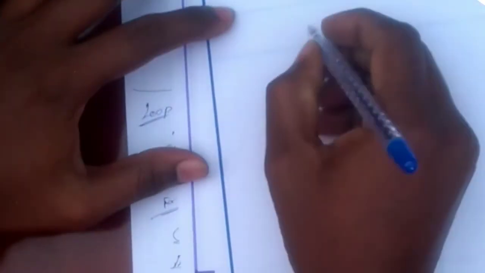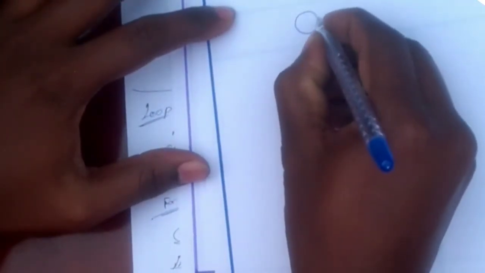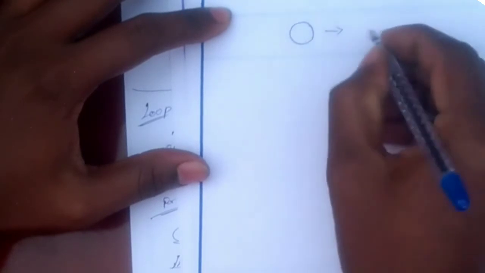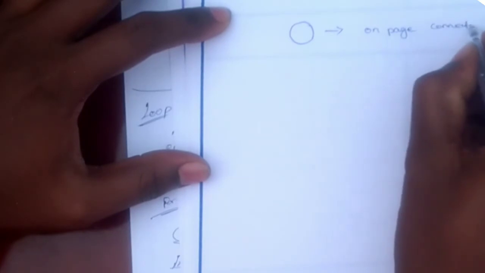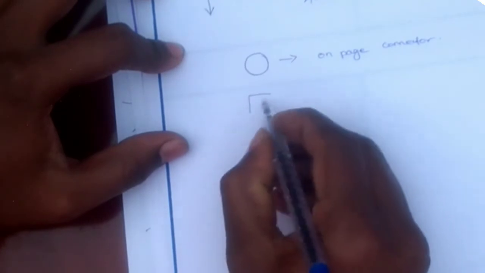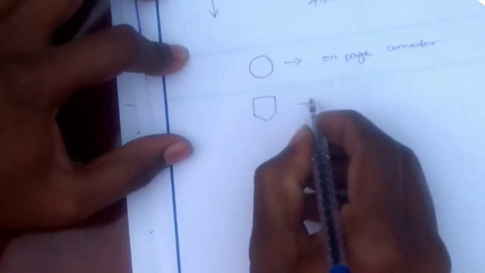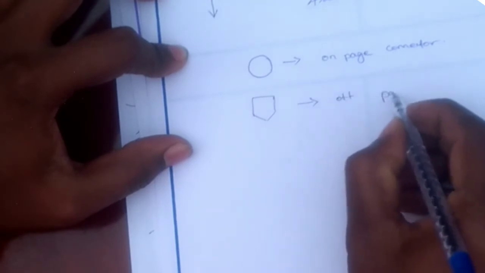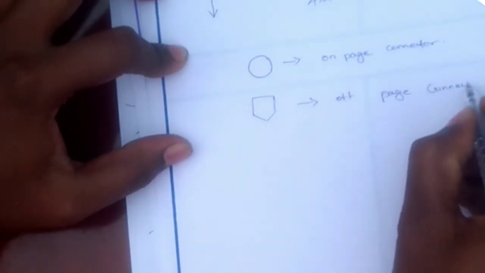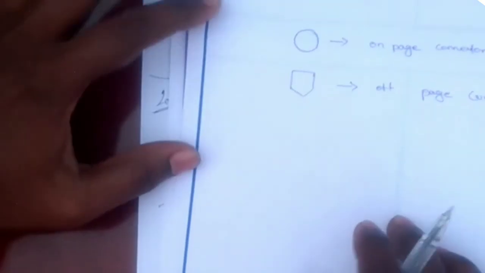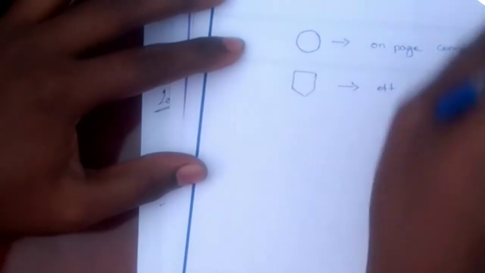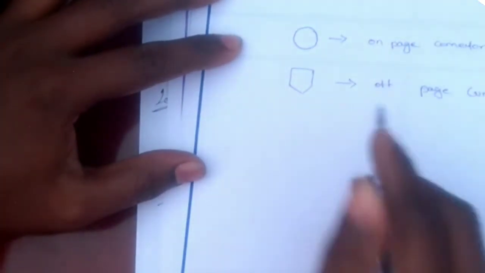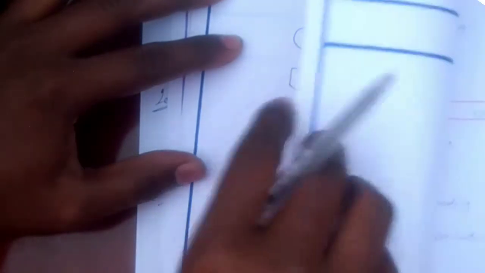One is the circle. This is the on-page connector. And one more symbol is the off-page connector. I already told you in the last video, the on-page connector is used within the same, single page, but the off-page connector is used between two different pages.